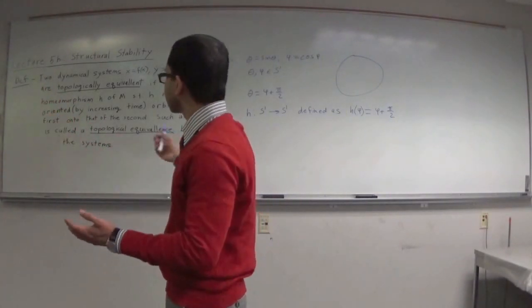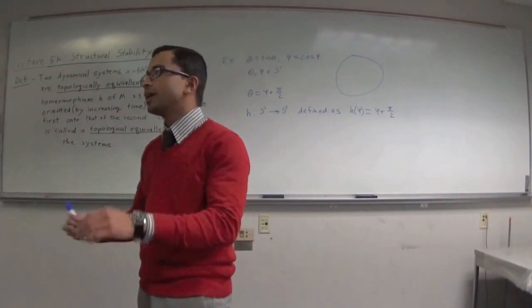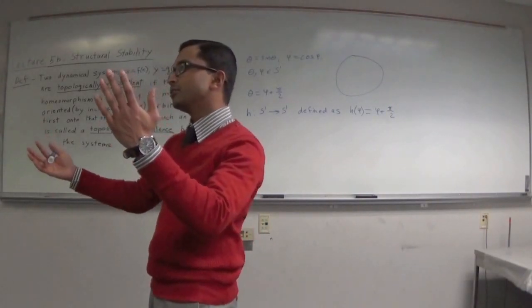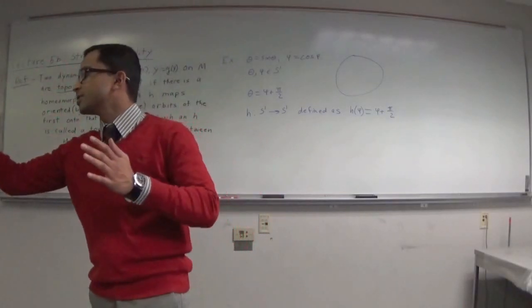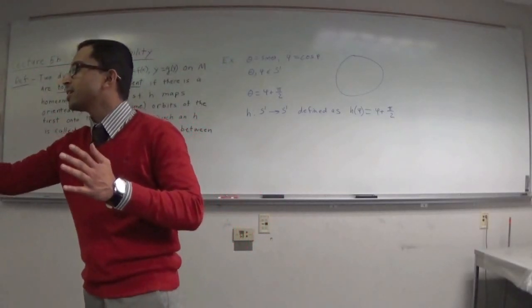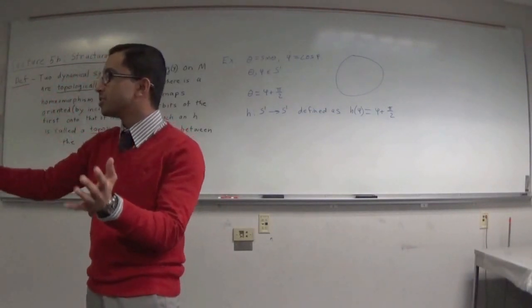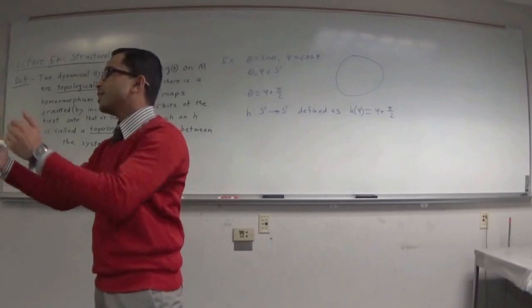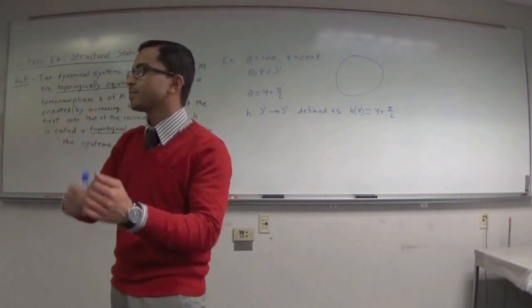Now what a homeomorphism does is, it's a very special type of function where it's going to take values of one set and completely map them to values on another set in a continuous fashion. Continuity is important. And then if we want to go back, we can also go back continuously.